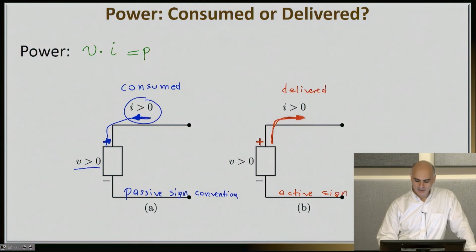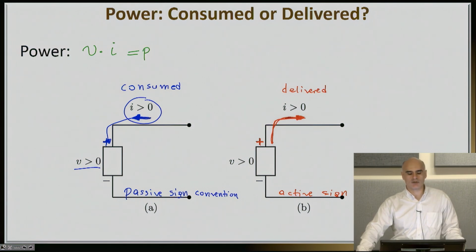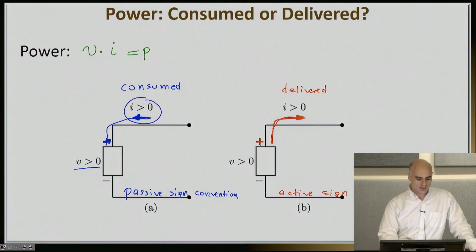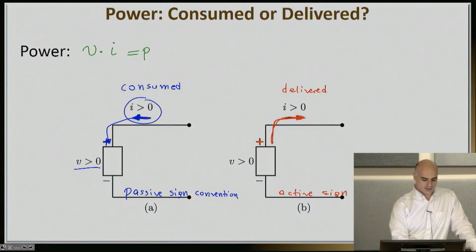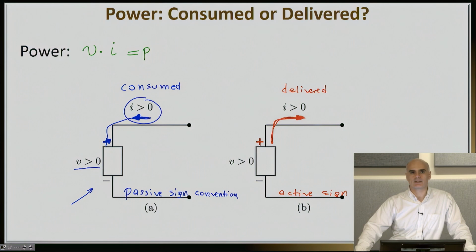And by that, we mean that the current is leaving the positive terminal. So when you hear me talking about passive sign convention, I will refer to the situation on the left, while when I talk about active sign convention, I will refer to the situation on the right.